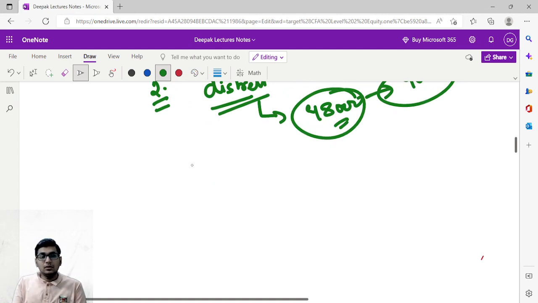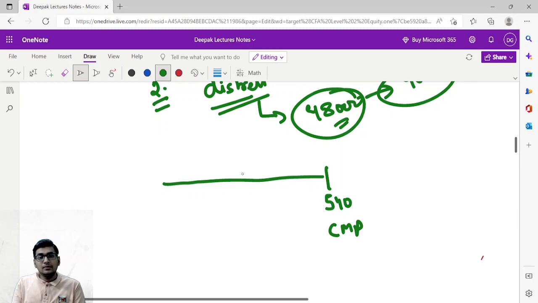Apart from that, I have given you one understanding as well, that the current market price is 540. This is the current market price. This is the real intrinsic value. Suppose it came out to be 500, and according to your model, value came out to be 480.